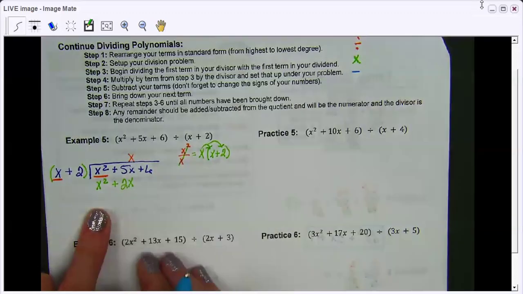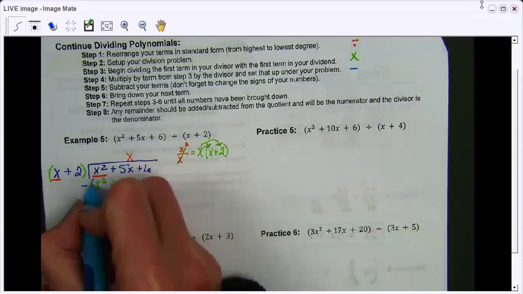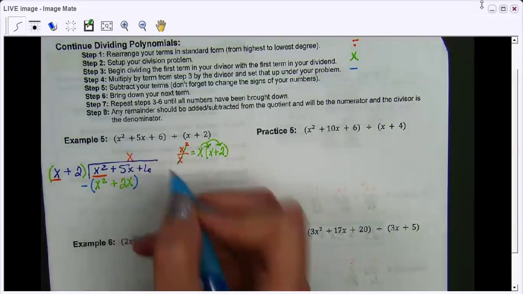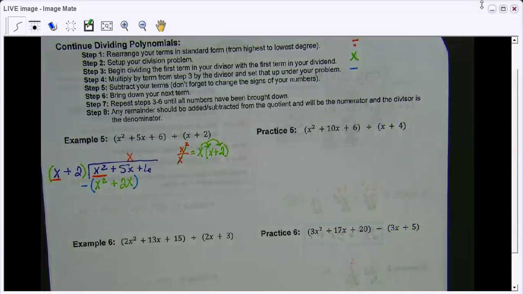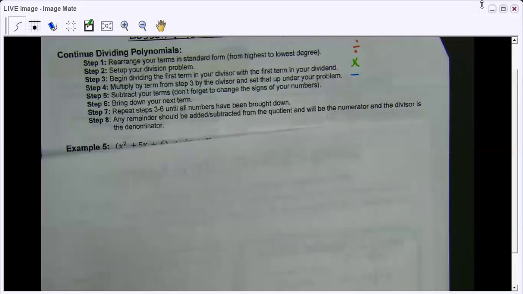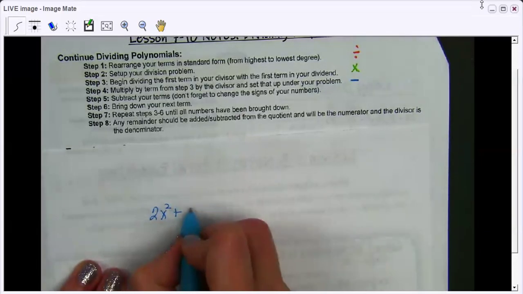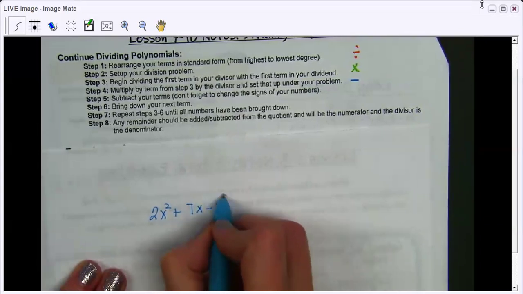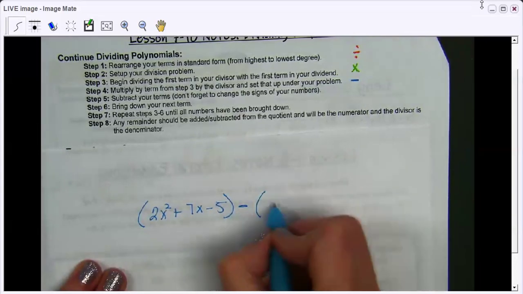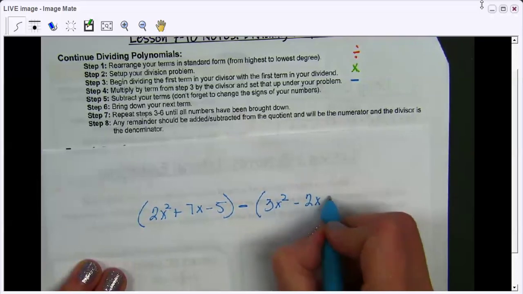So now the next thing we are going to do is subtract. I'm going to take these two and subtract them. Now, this can get a little bit tricky. Do you remember when we were subtracting polynomials and it looked something like 2x squared plus 7x minus 5, minus (3x squared minus 2x plus 4)?